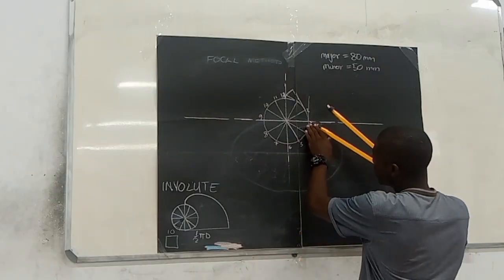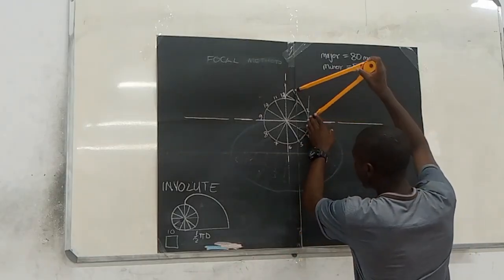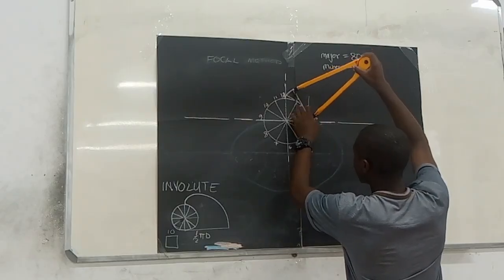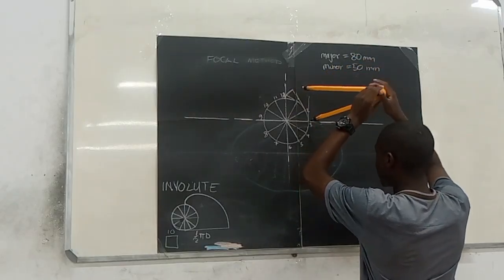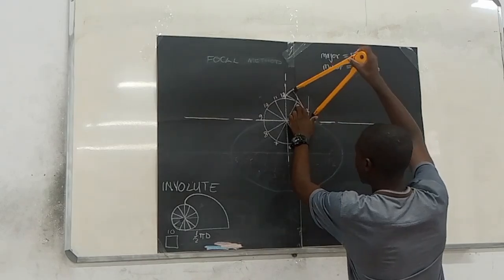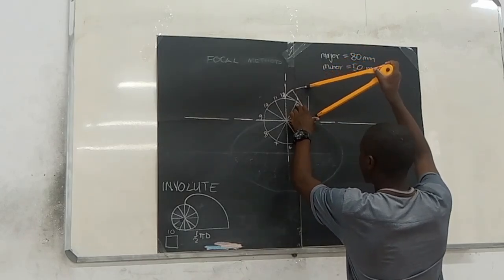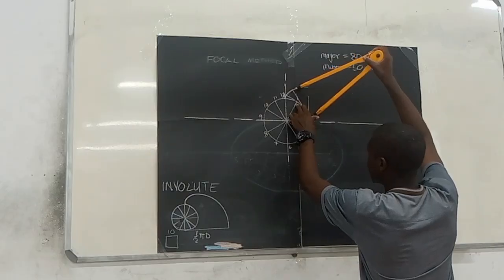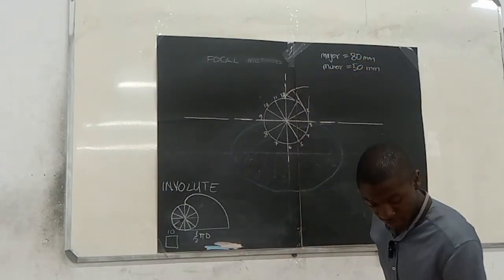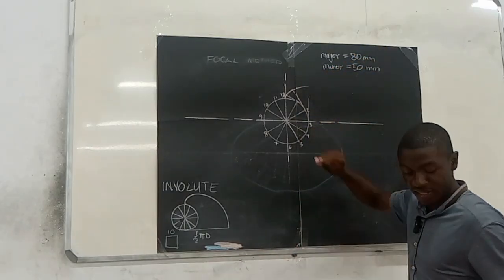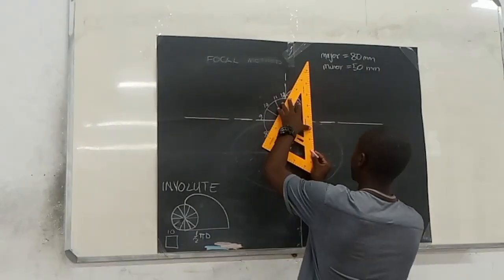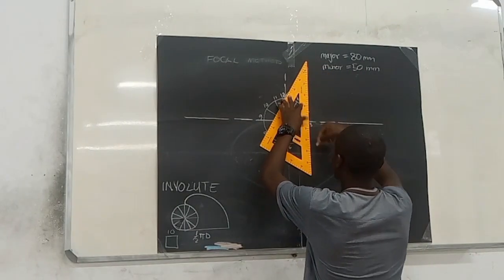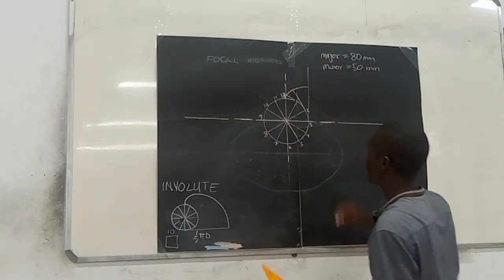You go to point 3, you open to where you ended, like that, and then you strike an arc until you touch the line coming from point 3. So whenever you're drawing these lines, you want to ensure they are long enough so that when you're drawing, you can have where they'll end.